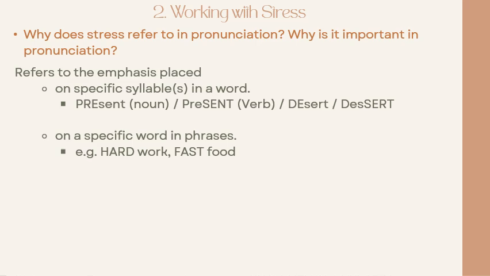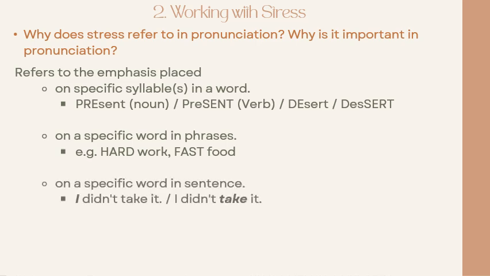The emphasis could be placed on a word in a sentence. For example, I didn't take it, which means someone else took it, when you stress the word I in that sentence. Or in the same sentence, you say, I didn't take it, which means I borrowed it, or I stole it, when you stress the word take in that same sentence.